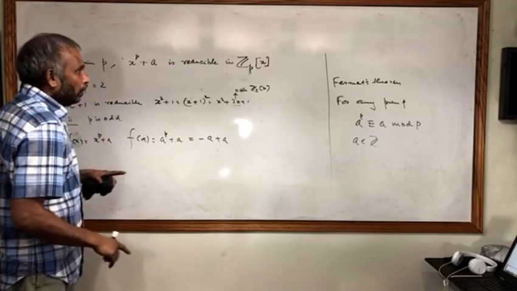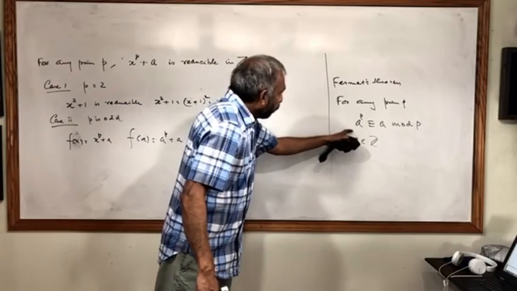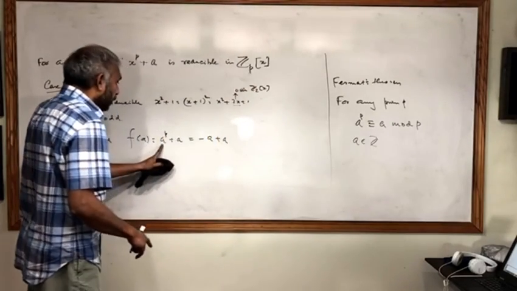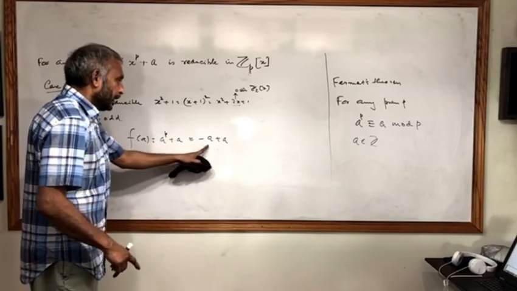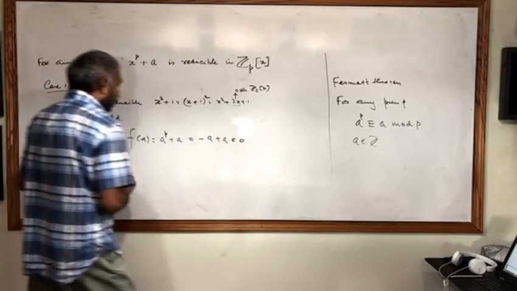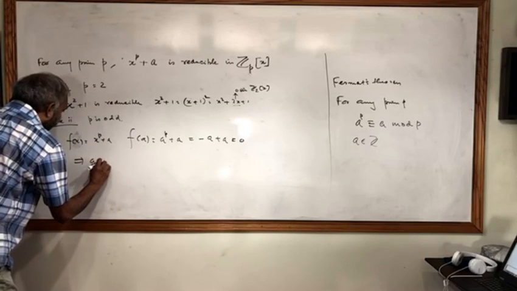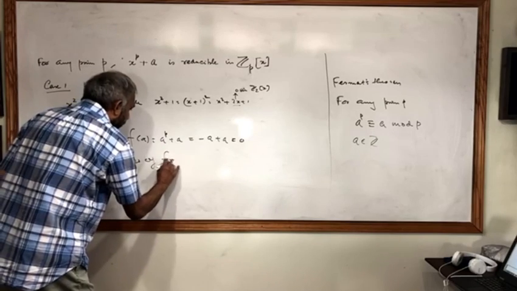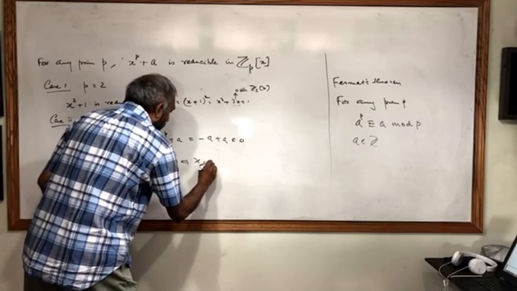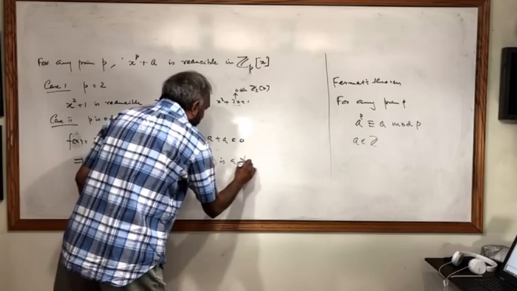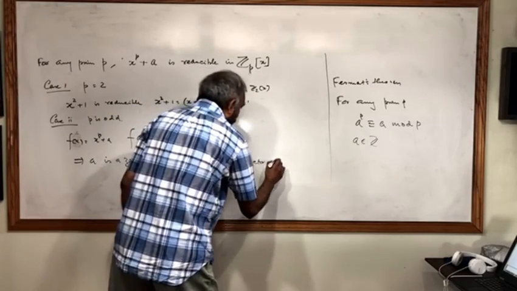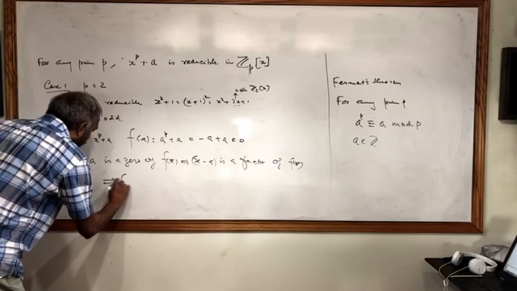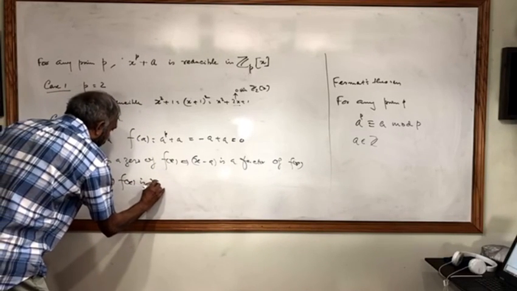So minus a to the power of p, and p is odd, is minus a, and that is equal to 0. And that implies minus a is a 0 of f of x, implies x plus a is a factor of f of x, and that implies f of x is reducible.